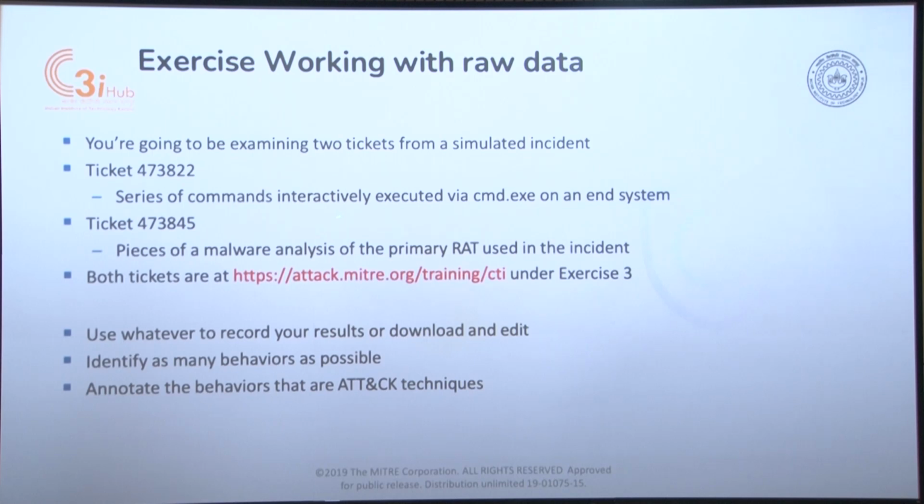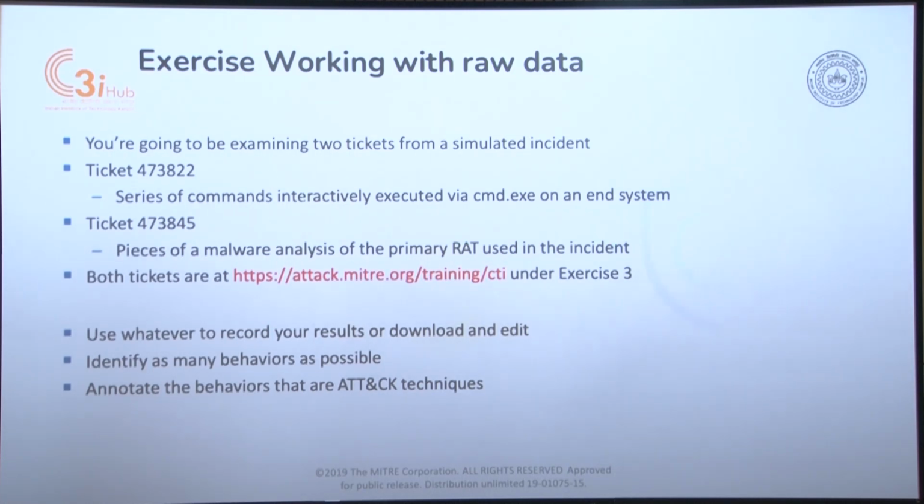These commands are mostly executed by cmd.exe, which is presumable, and the other ticket, 473 at 45, is a piece of malware analysis of a remote access Trojan which was used in a past attack.